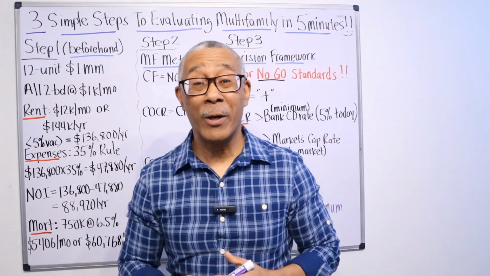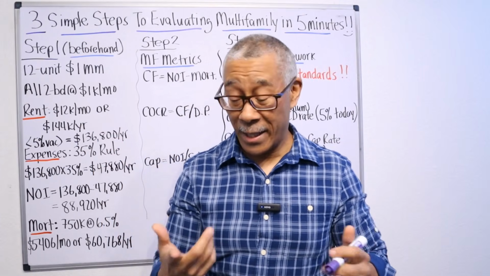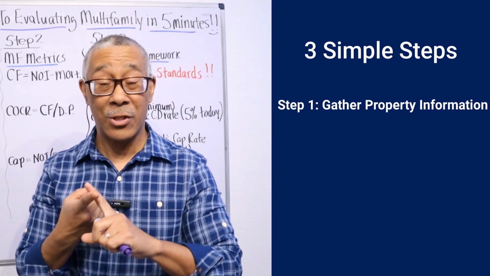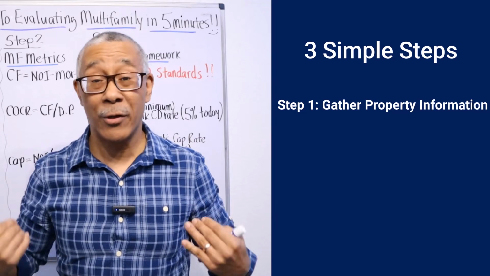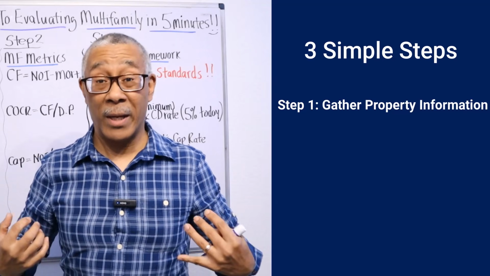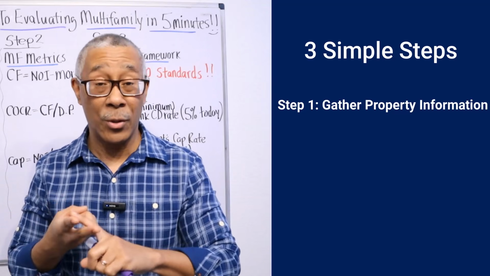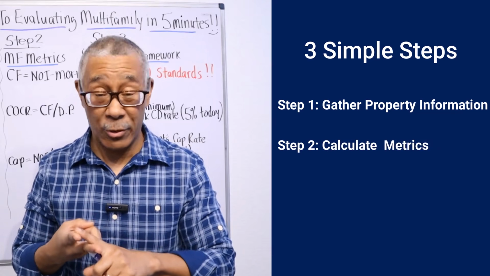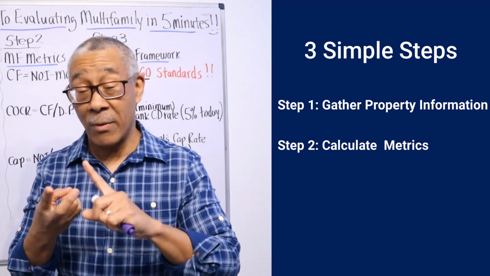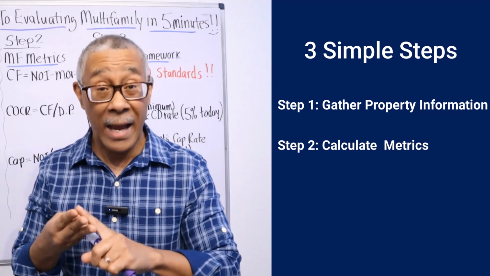Here we are with the 3 main steps, okay? Step number 1 is to gather information on the property. So before you even start your evaluation, you need to gather information. Step 2 is to calculate your multifamily metrics, okay? These are the cash flow, cash on cash return, and cap rate.